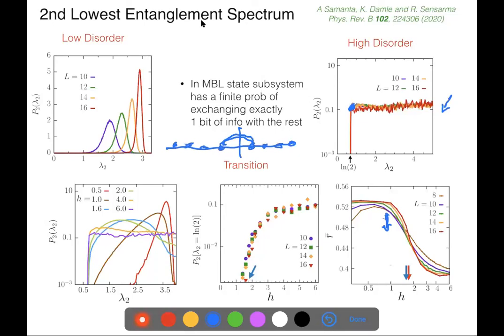Whereas to say that I have completely factorizable states, that's not the start of the transition. That's somewhere here, essentially.